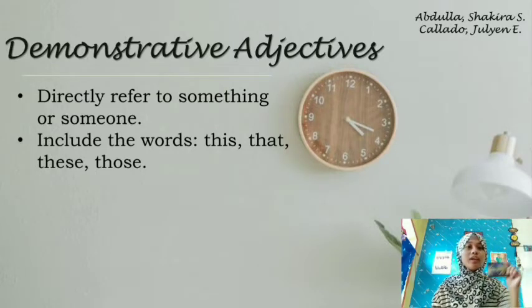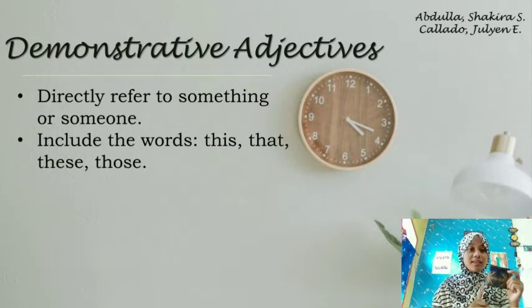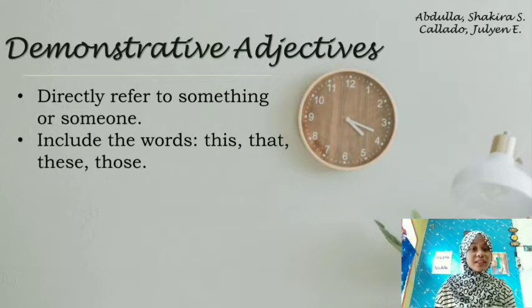Example is, this is my wallet. The demonstrative pronoun that we use there is this. While demonstrative adjectives always come before the word they modify.